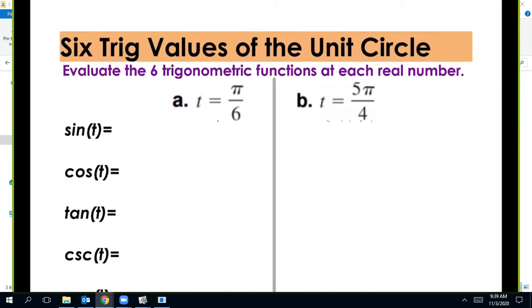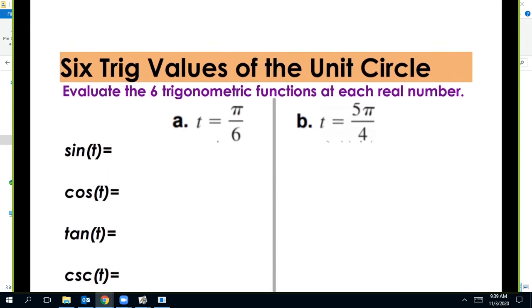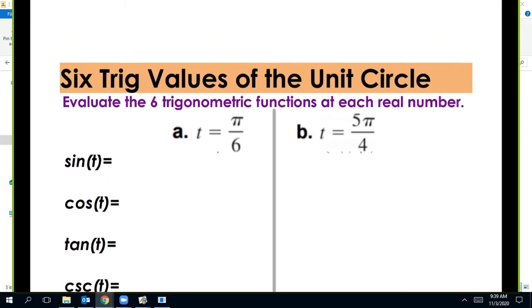All right, so I'm just going to do these pretty quickly so that we can get through them. What I like to do is draw a little circle, and imagine where pi over 6 is. I don't want to do the whole circle, just that, and then I write the coordinate for that one, which has a long x and a short y. And I just fill in the whole thing.